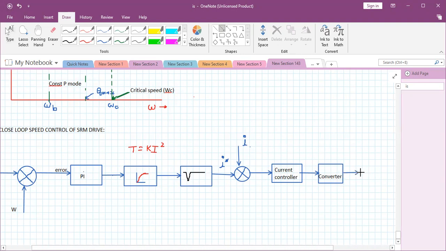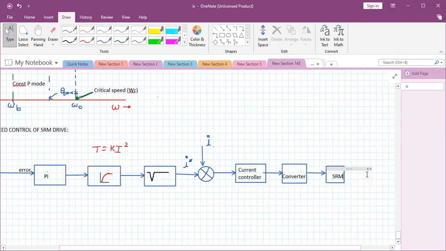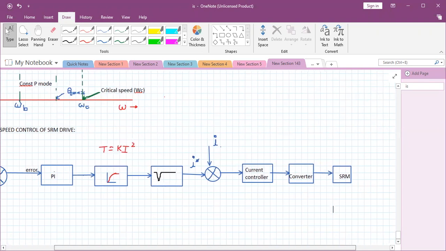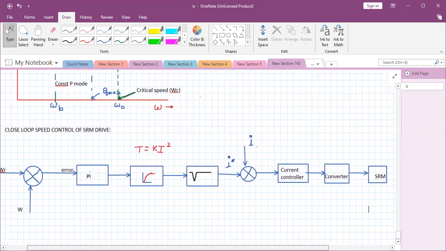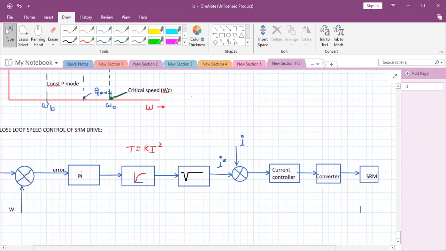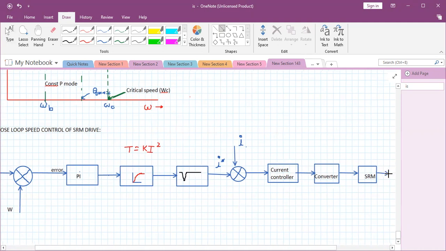So here our motor is SRM. Now here the speed is there, the output, because we study the speed control. So whatever the actual speed is there, omega is there.